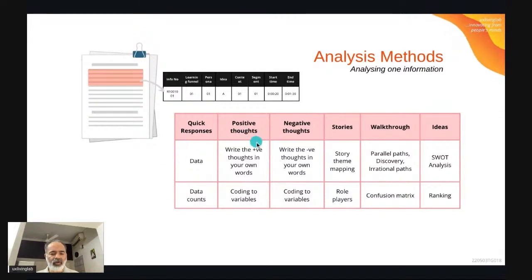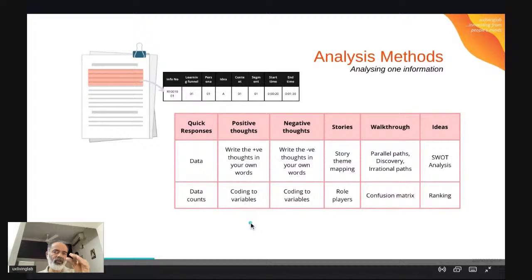Then it goes to positive thoughts. What are positive thoughts? The respondent gives positive thoughts on that idea. I'm talking about this information already categorized, with the analysis method applied on one piece of information. Write the positive thoughts in your own words by reading this information. After that you have to code them to variables.